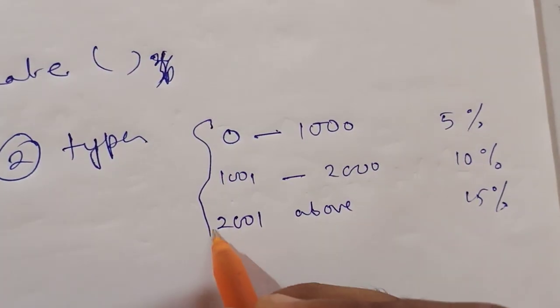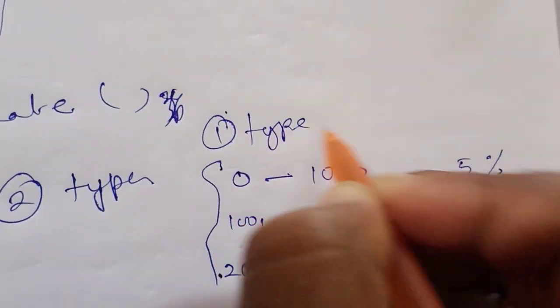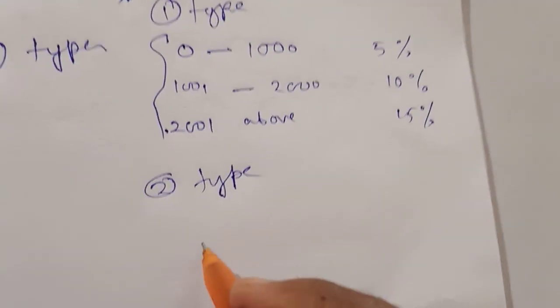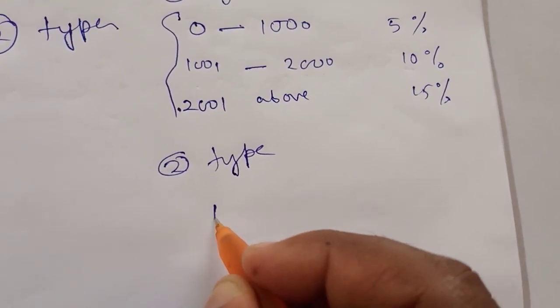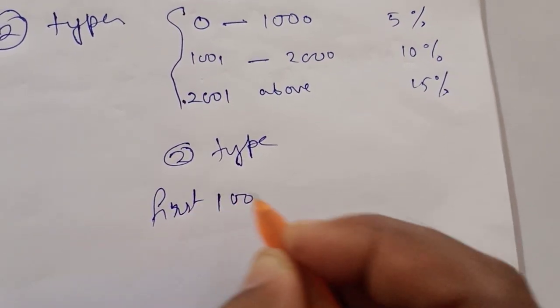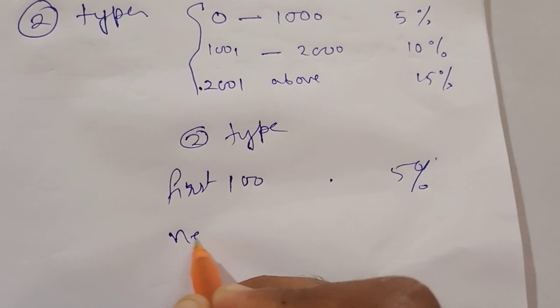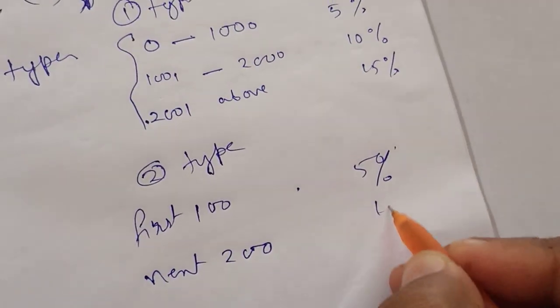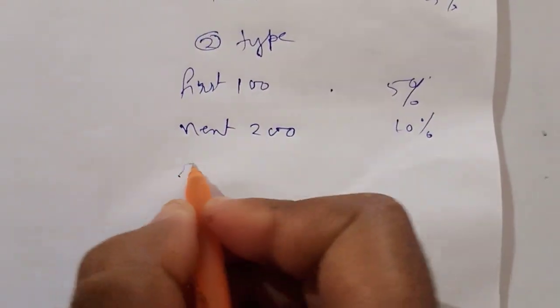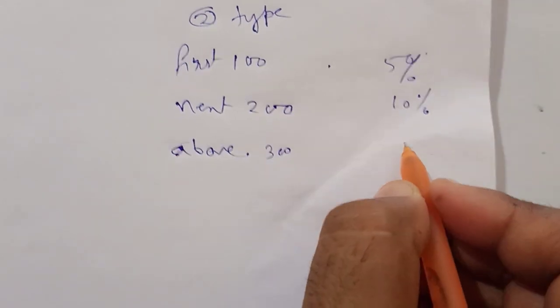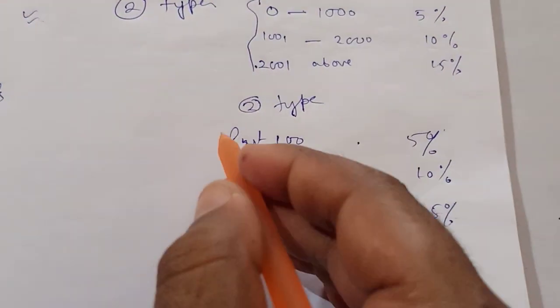This is the one type, and the second type is, suppose, first 100, 5%, next 200, 10%, above 300, 15%. These are two basic types of questions you get in your question paper.